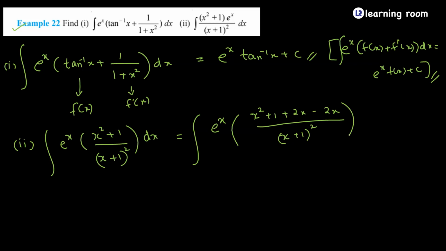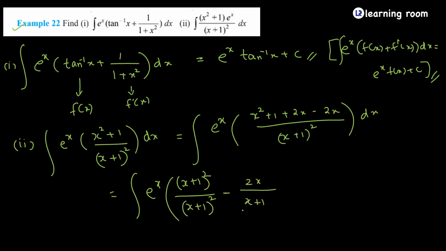Listen. The integral of e power x into x plus 1 the whole square divided by x plus 1 the whole square minus 2x divided by x plus 1 the whole square, dx. One advantage is that this and this will get cancelled. Don't copy it, wait. This will not work.